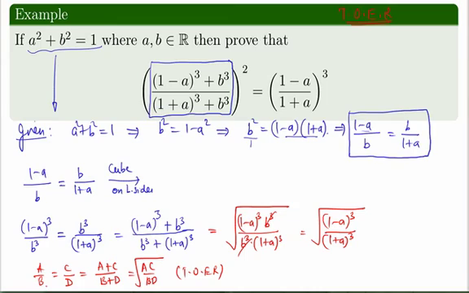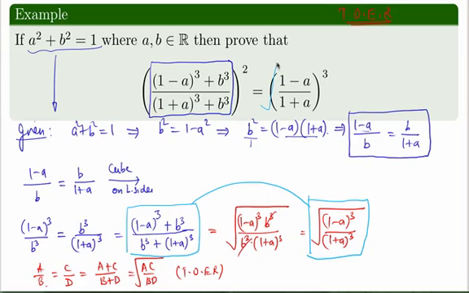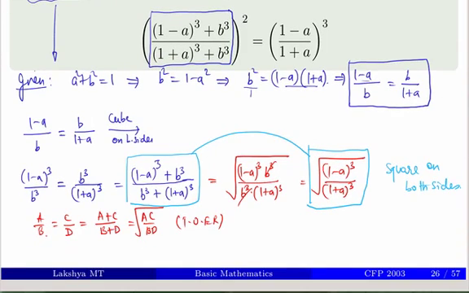Now what I do? I compare this. This expression is ready. This is equal to this ratio, and even this is equal to this ratio. So can I say these two are equal? Yeah, but this square root is not there here. There is no square root here, that's missing. So what I do? I square on both sides. So as soon as I square on both sides, what do I get?